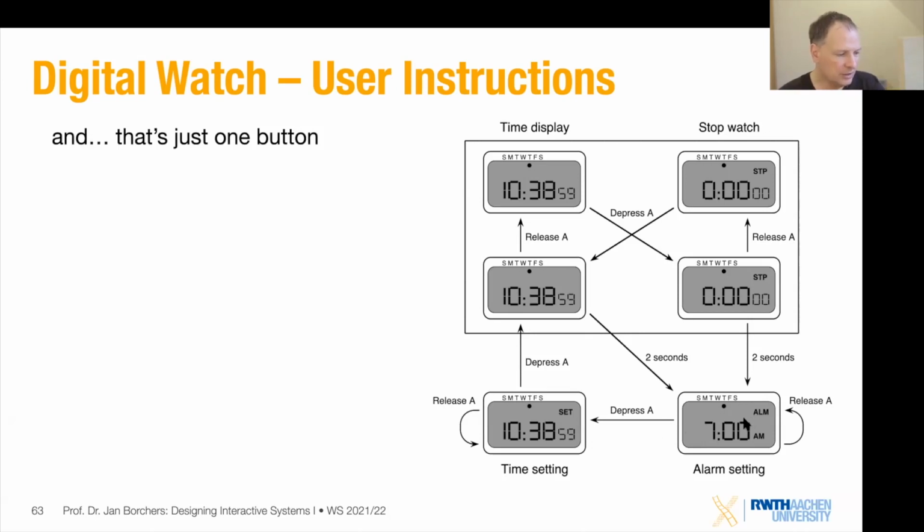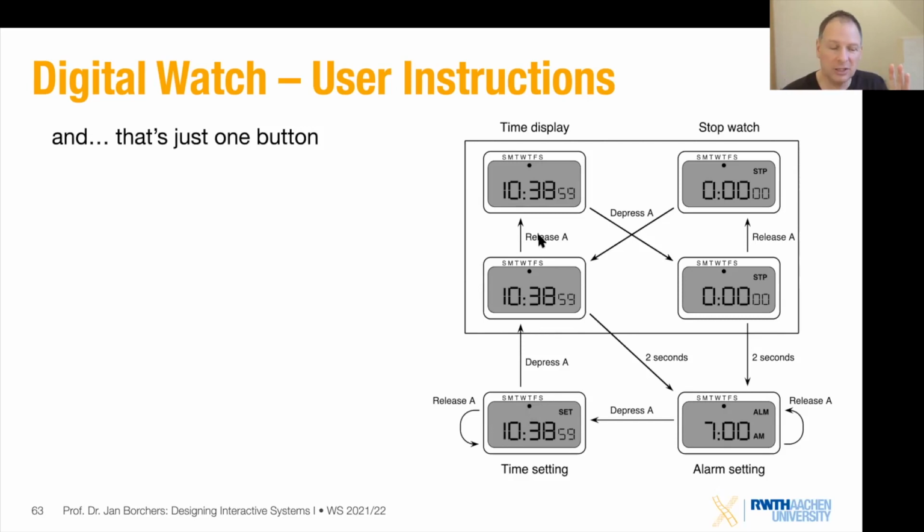And here, from alarm setting, the moment I press A, I want to immediately end up in time setting. I don't want to wait for the depress. But if I release A, no matter how long I take to do that, I want to stay in time setting mode. That's another design decision encoded and made explicit here, right? And then only if I depress A from here, so I press it again, then I end up in the time display.